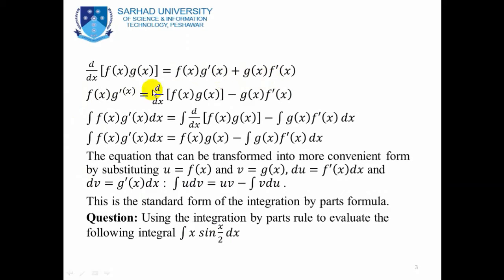Now we can write f into g prime is equal to the derivative of the product f into g minus g into f prime. So taking integration on both sides, we obtain the integration of f into g prime of x with respect to x is equal to the integration of the derivative of f dot g minus the integration of g dot f prime with respect to x.